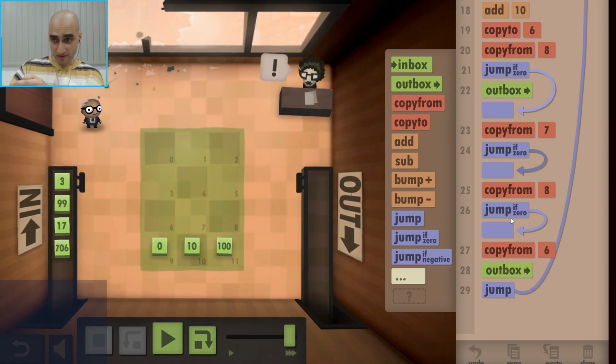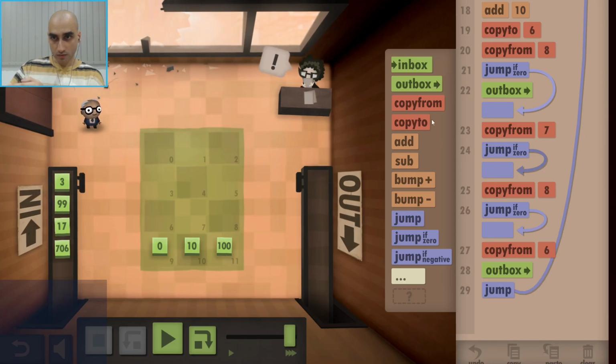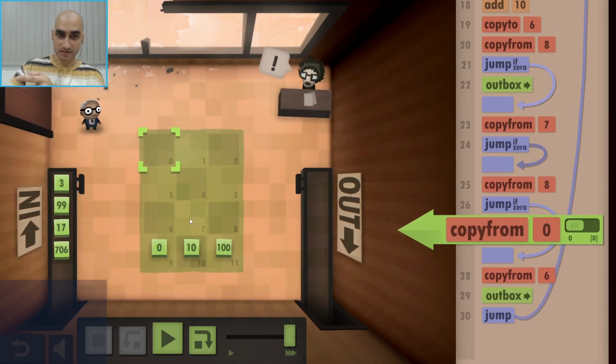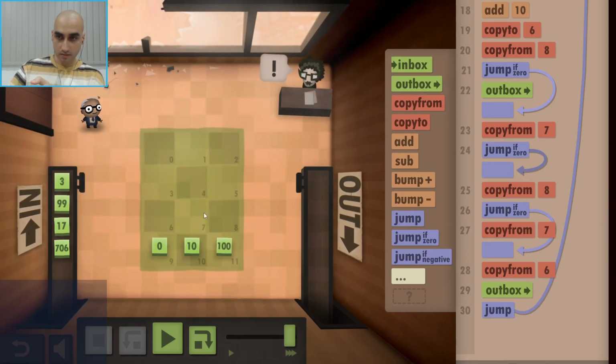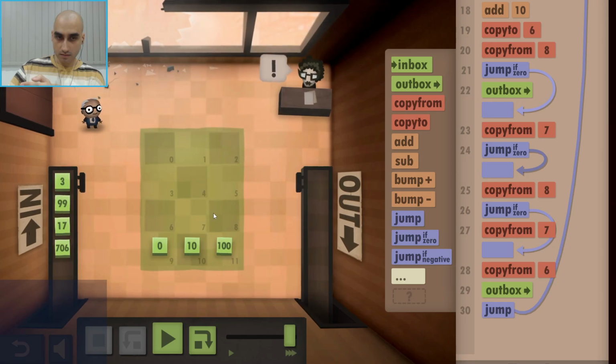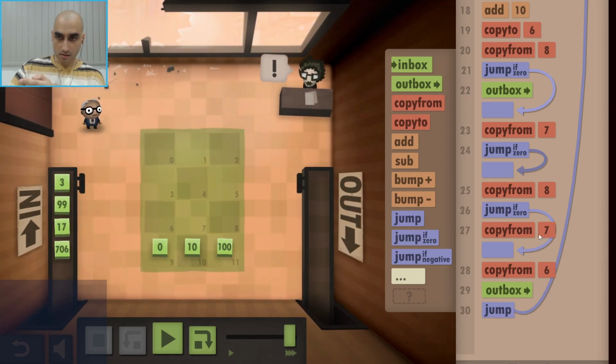If that wasn't a 0, we have to go back and pick up the 10s. Which we know is a 0, and output it.